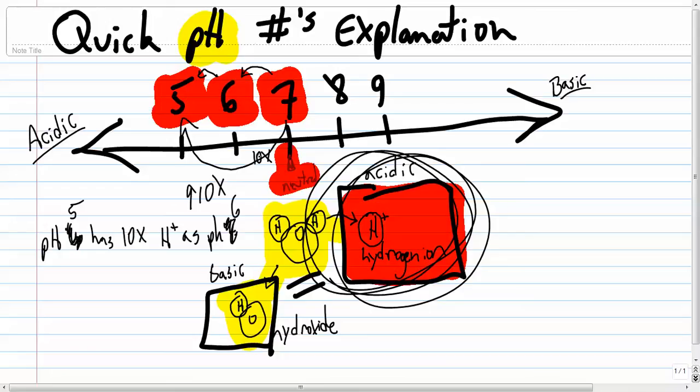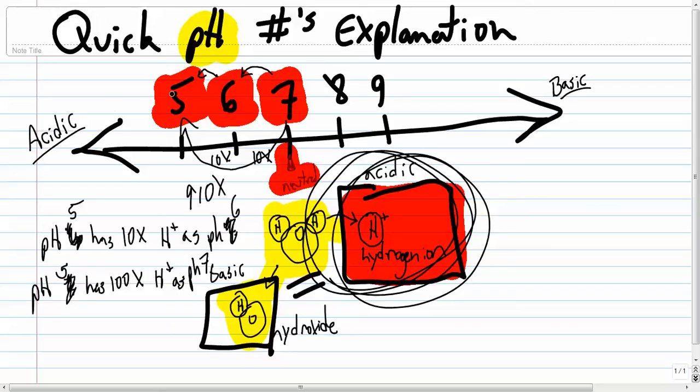Well, if each one of these 2 steps was 10 times, then that means something with a pH of 5 has 100 times as many H plus ions as something with a pH of 7.